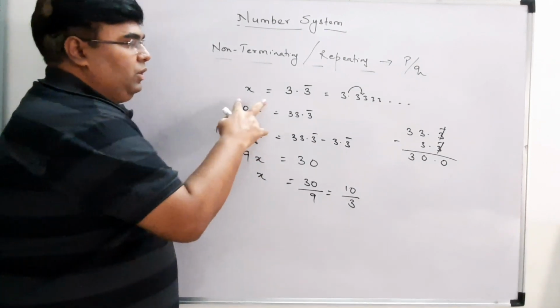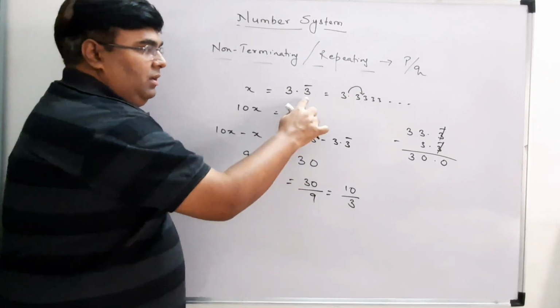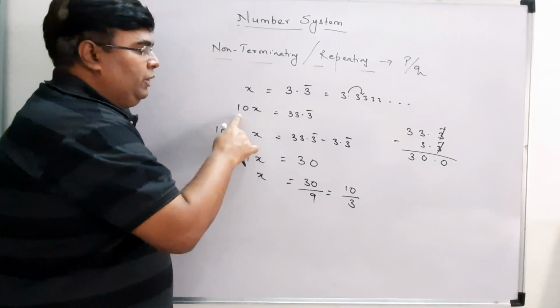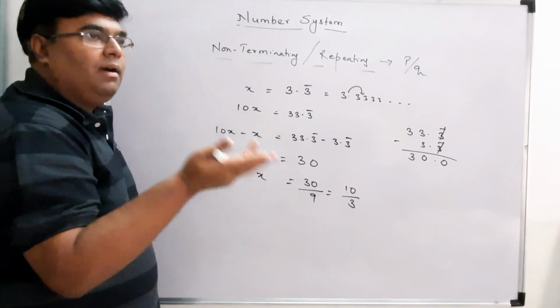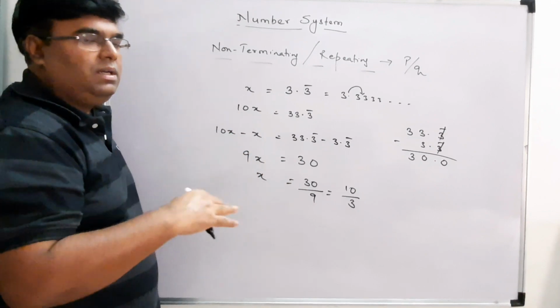So understand the concept. First you need to take it as x, then check the numbers which are getting repeated. If one number is getting repeated, you need to multiply by 10. If two numbers, then 100, and three numbers 1000, like this.